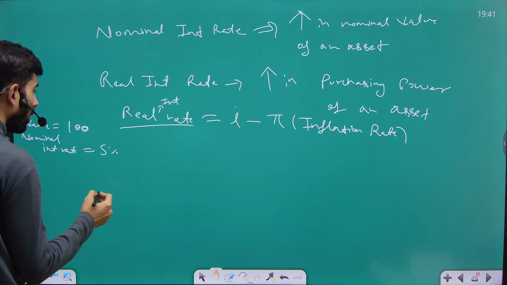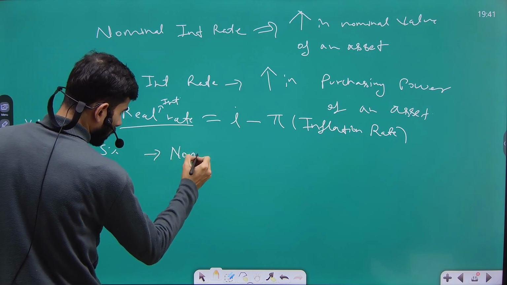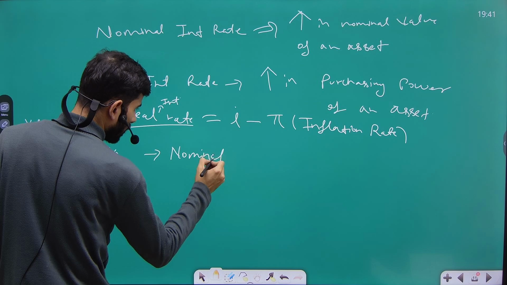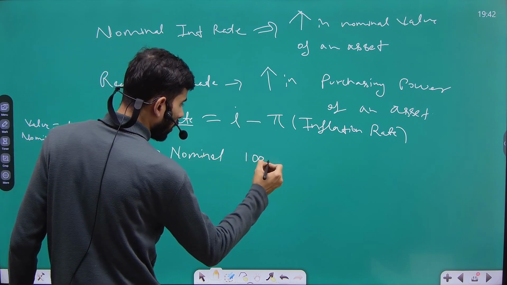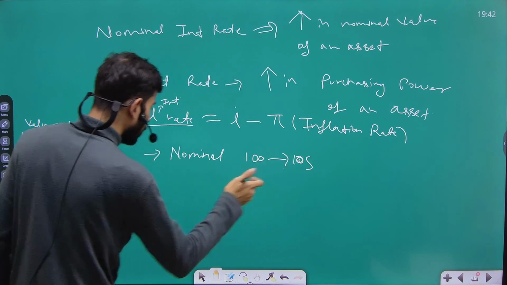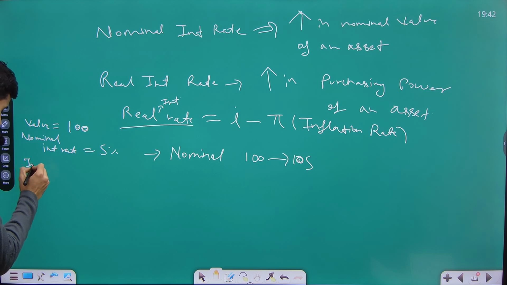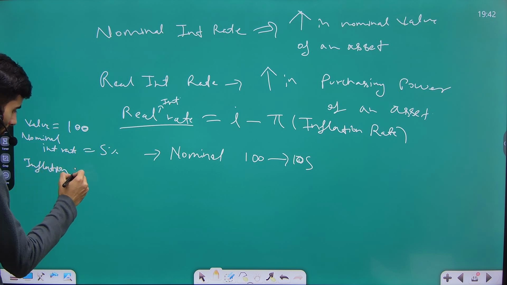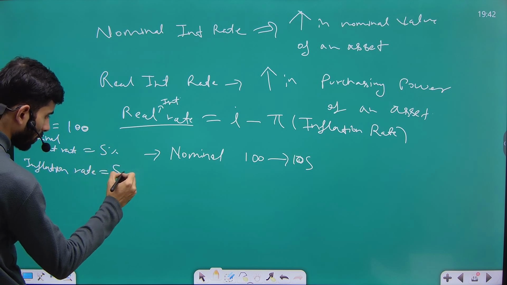Then the nominal interest rate shows a rise in the value of the asset from 100 to 105. Now suppose during this one year, the inflation rate was also 5%.